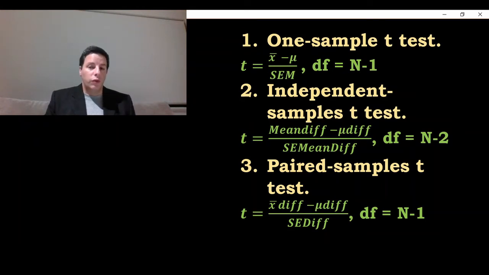Okay, so we need to assume that we've got a population in which the mean of that population is mu, which could be 0 or could be a different value. And we extract samples from that population, and we calculate the mean of each sample.